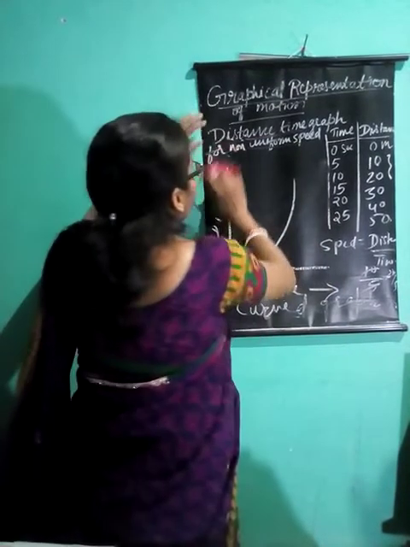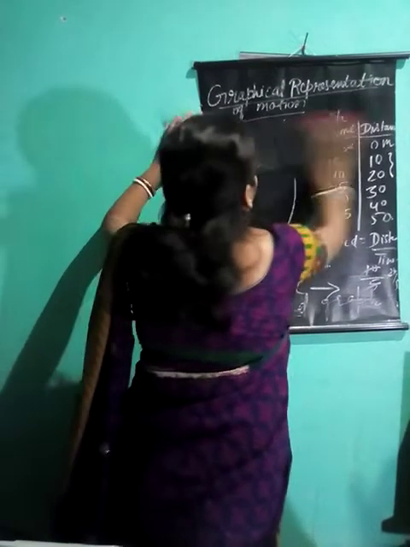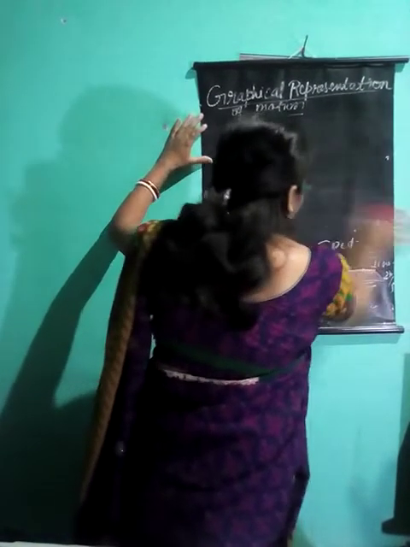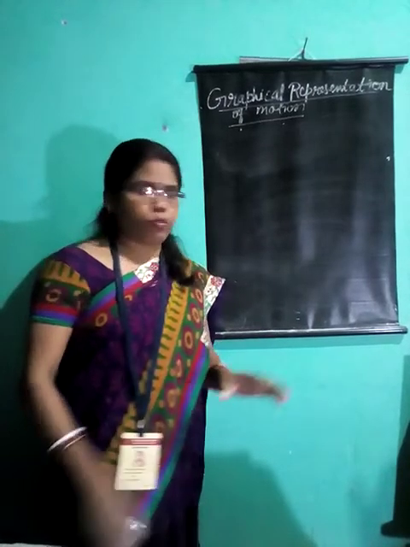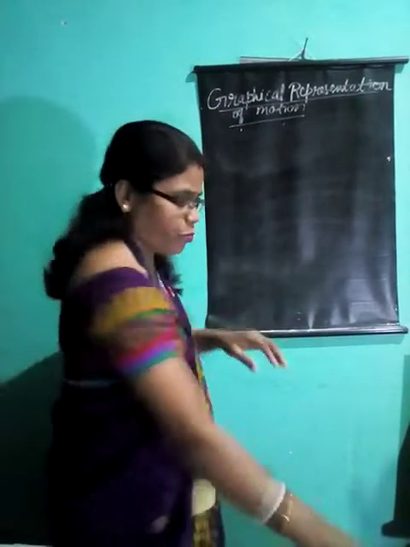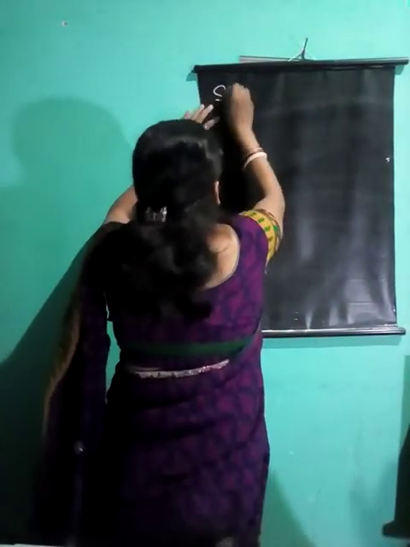Now for the next one, we will see the speed time graph. First you have seen the distance time graph for uniform speed and non-uniform speed. Now you will be seeing the speed time graph.